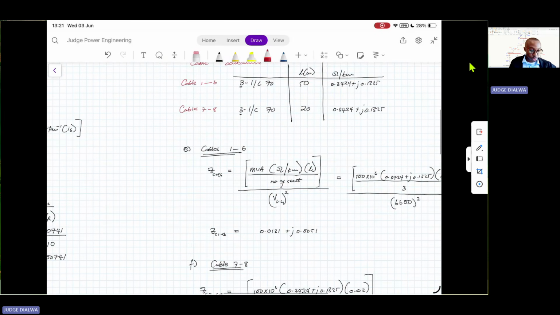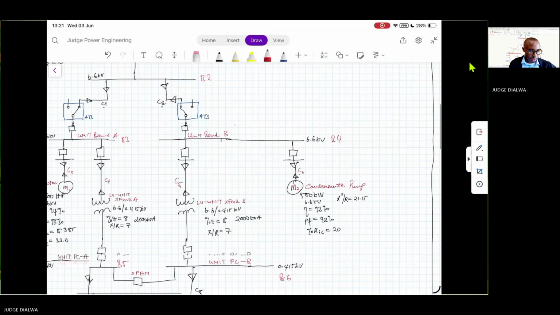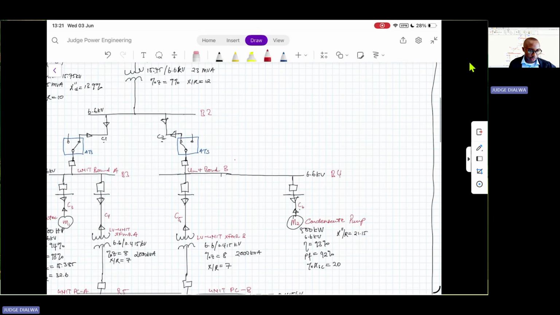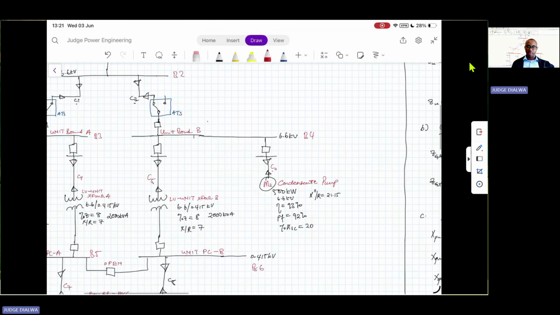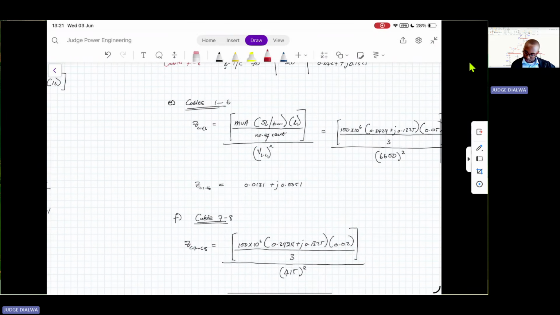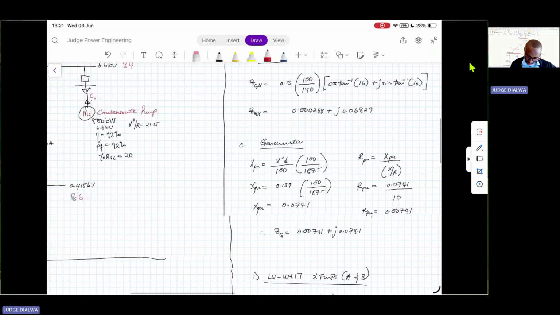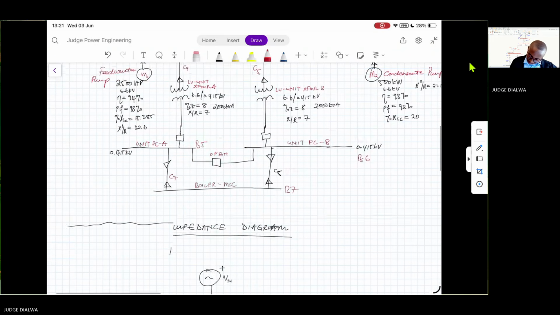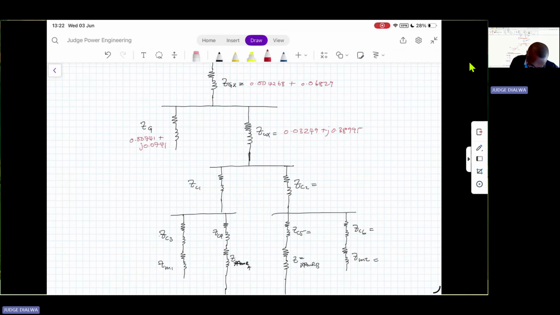And then now we go to cable. After our unit transformer, we have cable 1 and 2. And our cables 1 to 6, that's the impedance, 0.0131 plus J 0.0051. So this would be 0.0131 plus J 0.0051.